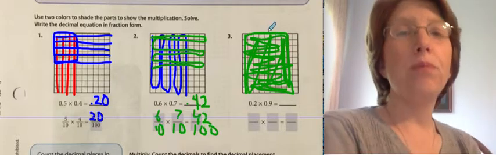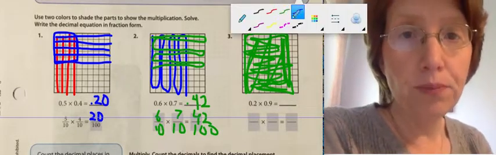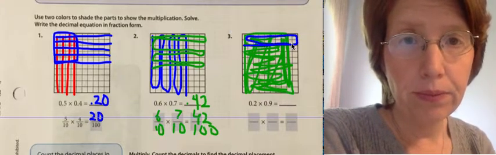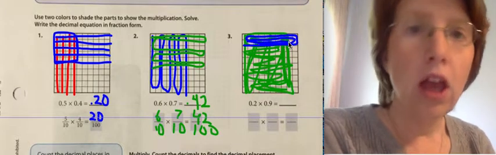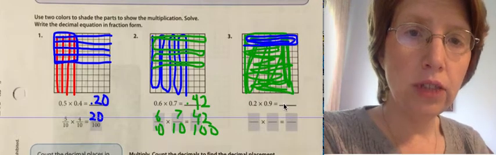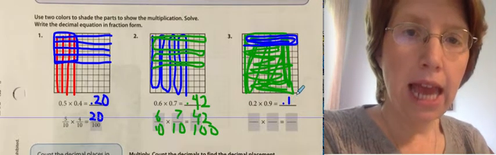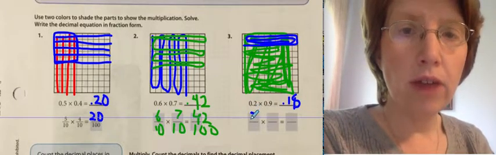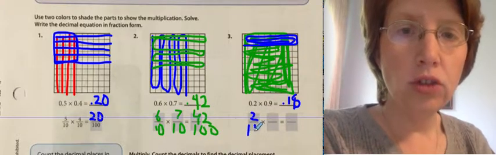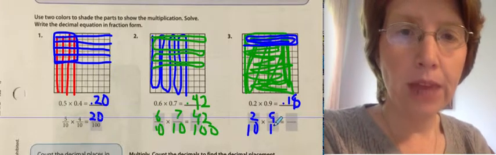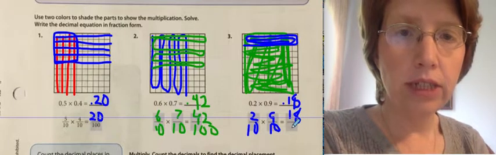Okay, now I want a different color, and I'm going to go the other way, and I only need to do 2 tenths of that. So whatever overlaps is my answer, and all I have to do is multiply that 2 times the 9 and stick it behind the decimal, and it should be 18 hundredths. So if I write it in fraction form, that's 2 tenths times 9 tenths, and I know how to do that already. That should be 18 hundredths.